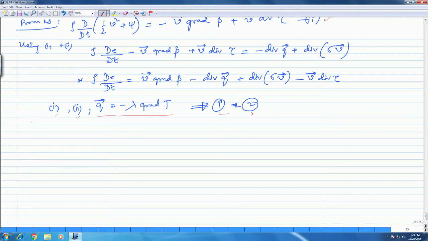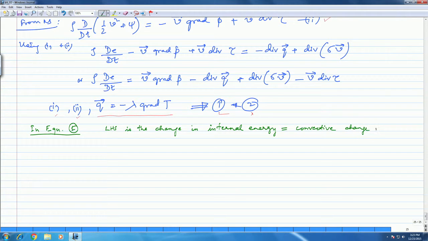In equation 1, the left hand side is the change in internal energy, which is essentially the convective change in temperature.